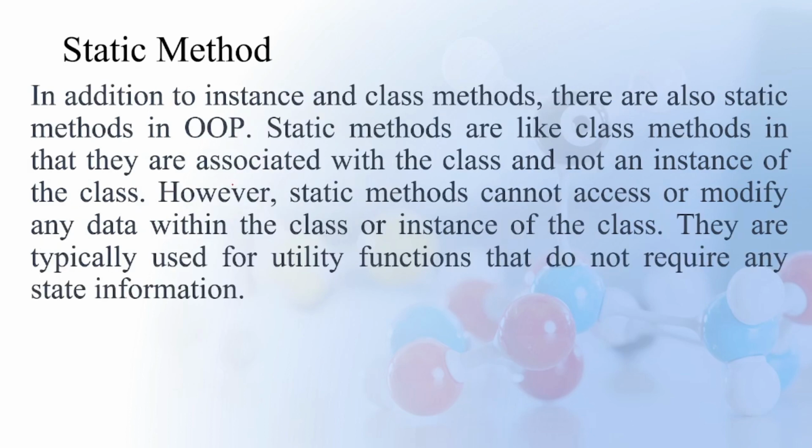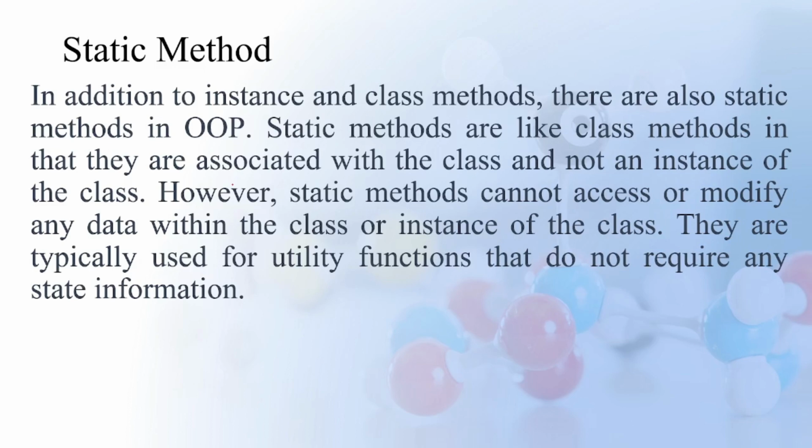Now there's another one which we did not mention earlier, that is the static method. Static method is interesting, and sometimes people call a static method a function, but it is actually a method only. We'll see it through an example again.